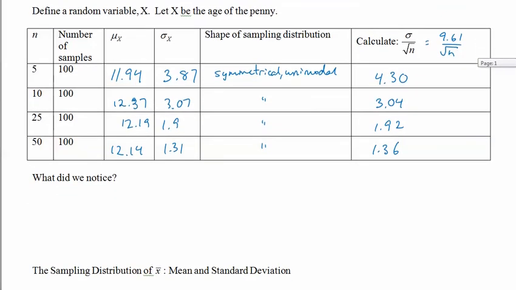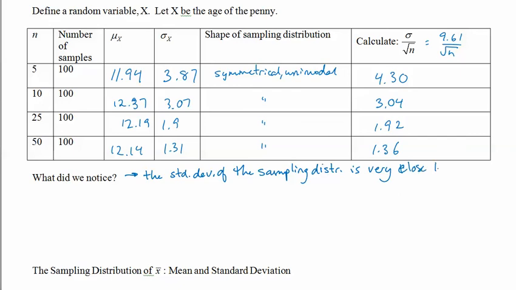So what did we notice? If you recall, the standard deviation of the sampling distribution is very close to the standard deviation of the population over the square root of n.